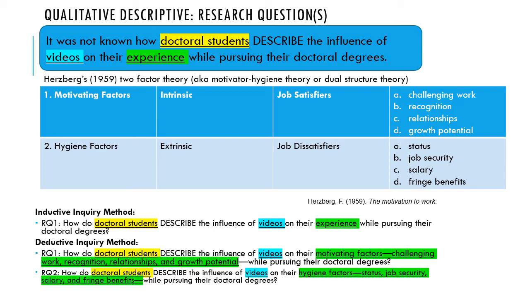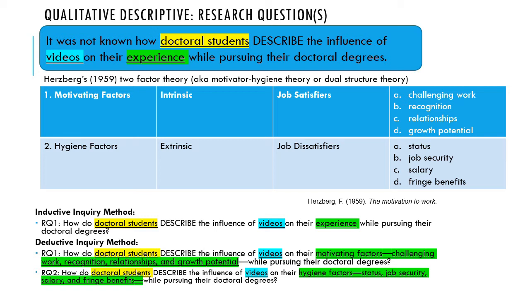How do doctoral students describe the influence of videos on their motivating factors, challenging work, recognition, relationships, and growth potential while pursuing their doctoral degree? And we would go to the second one, how do doctoral students describe the influence of videos on their hygiene factors, status, job security, salary, and fringe benefits while pursuing their doctoral degrees?